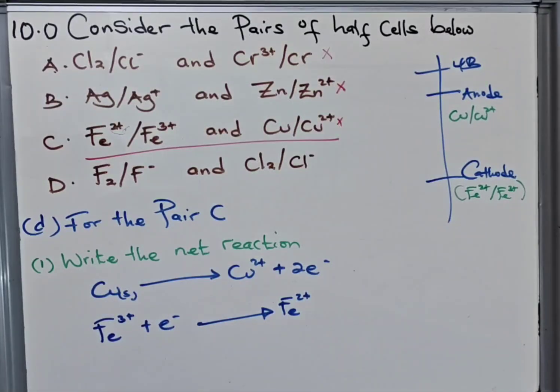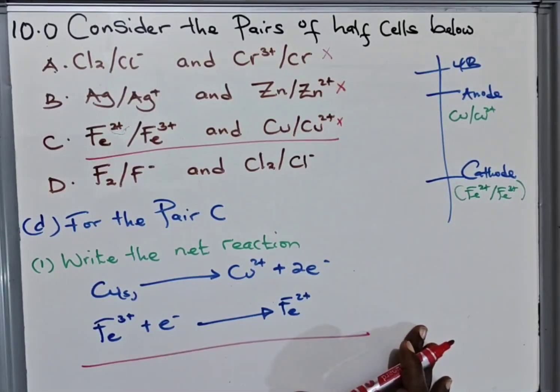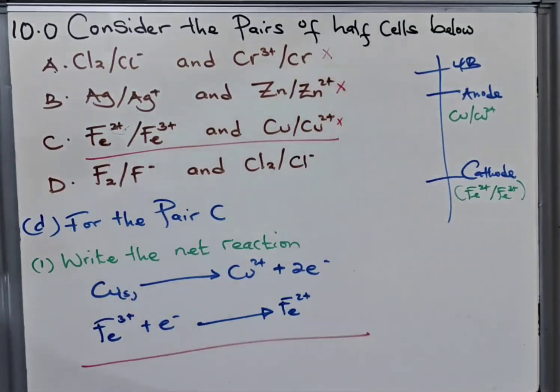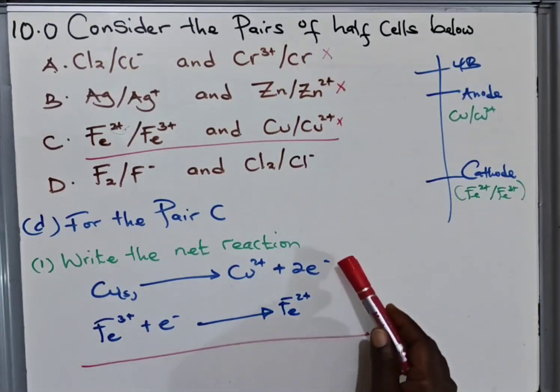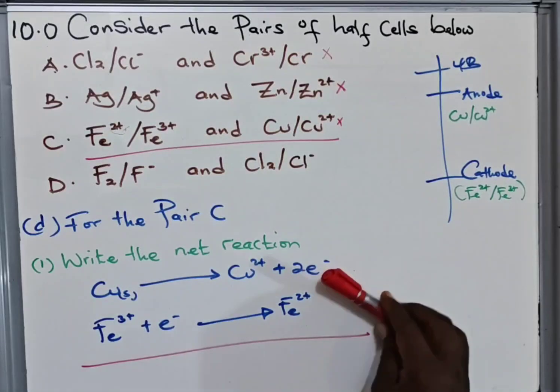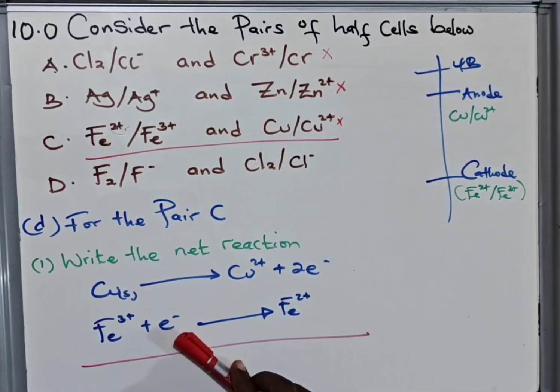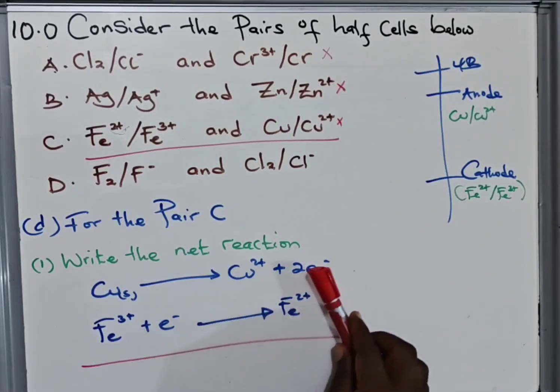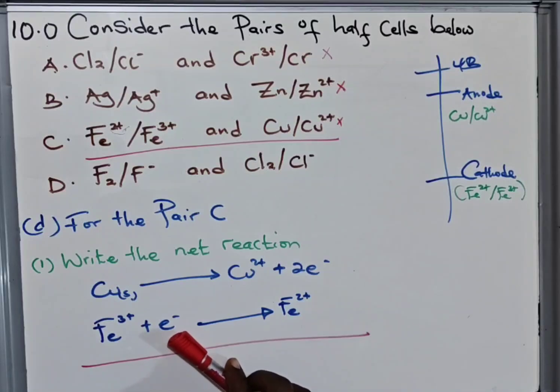Yeah. Then the sum of these two is going to give us the net reaction. But there is a challenge. When you observe the electrons, these are 2 electrons and this is 1 electron, and these electrons are supposed to cancel. So they have to be equal.